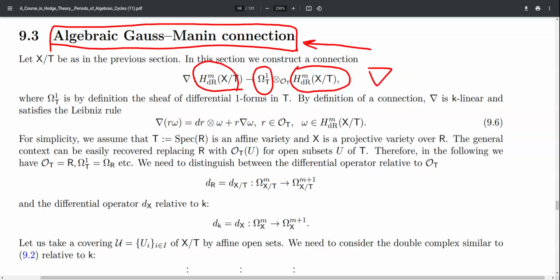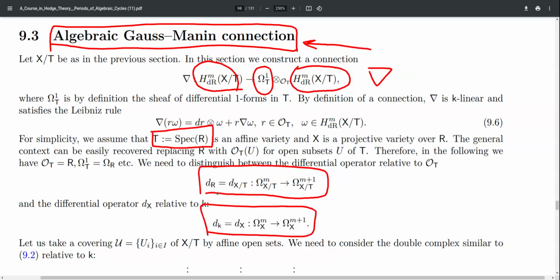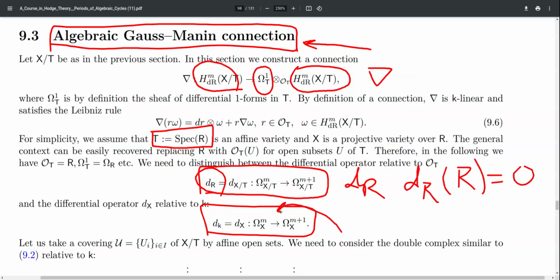For this one, for simplicity, we will take T to be the spectrum of some ring R, and we will distinguish these two differentials. So d_R will be the differential of the relative de Rham cohomology, and why do we put R? Because for this d_R, the elements of R are constant. Whereas when we take differential forms on X itself, the constants of the differential form will be elements of the field, so these elements will no longer be constant.